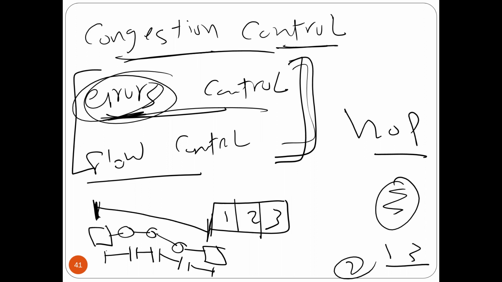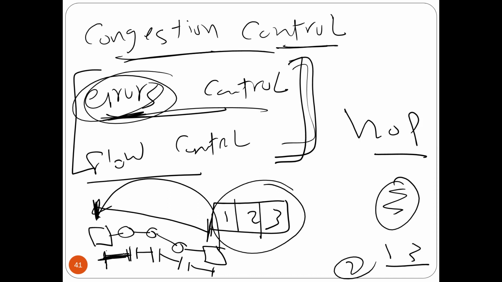So error control, guys, means, for example, as I told you here, I transmit packets 1 to 3, but actually 1 of them was missing. So there should be some mechanism to ask. The easy way, I can ask the source, please retransmit packet number 2 because I didn't receive it. Same thing can happen hub by hub.